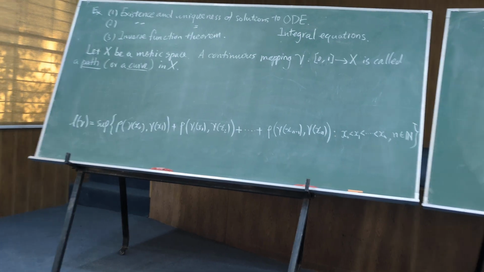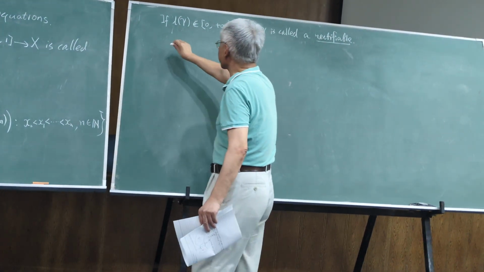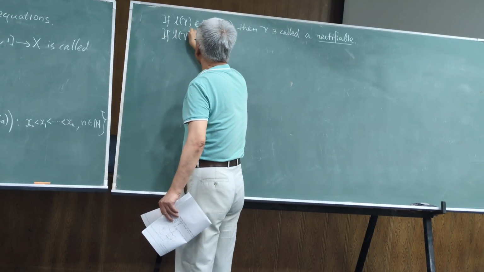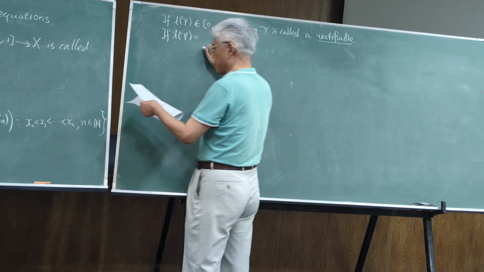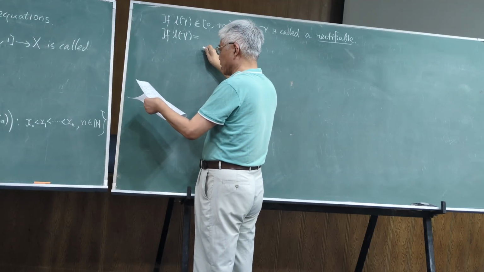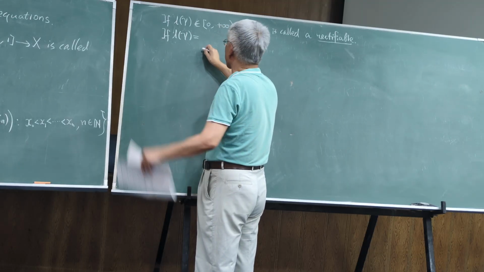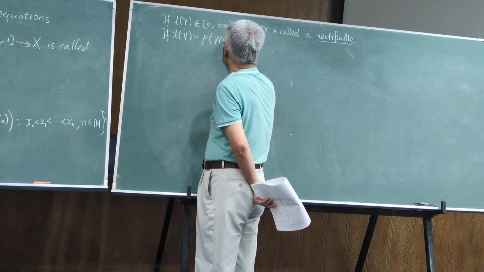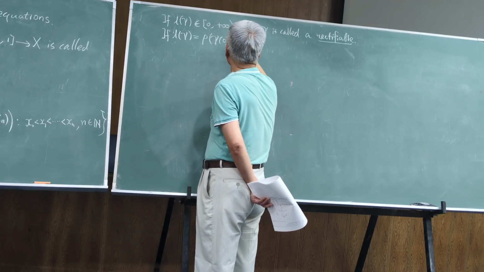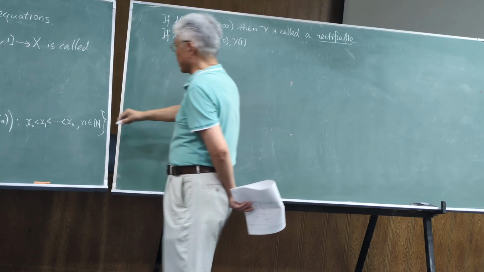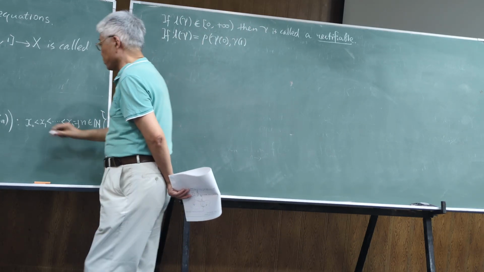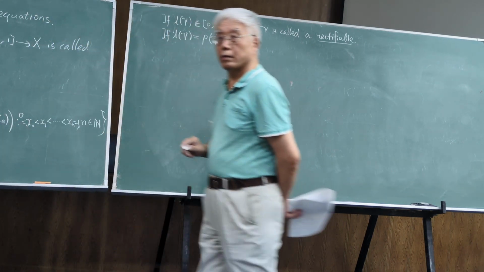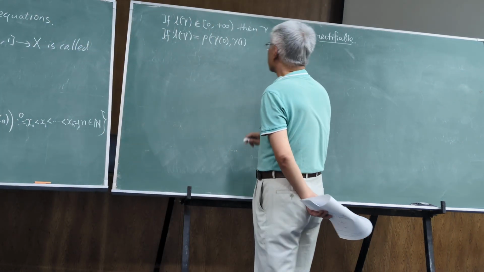If L gamma, the length of this gamma, is equal to the distance between gamma 0 and gamma 1, of course this one is equal to 1 and this one is equal to 0, you could add that x0 is 0 and xn is 1.